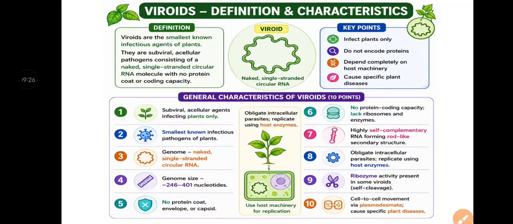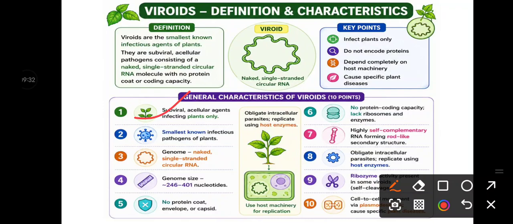So this is all about the general characteristics of the viroid. So let's revise. It's a subviral agent, the smallest known infectious agent. Genome is single-stranded circular covalently closed RNA. Remember, RNA. Genome size ranges from 246 to 401 nucleotides.